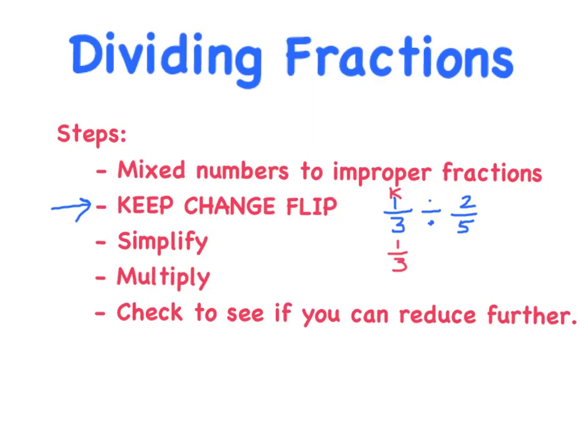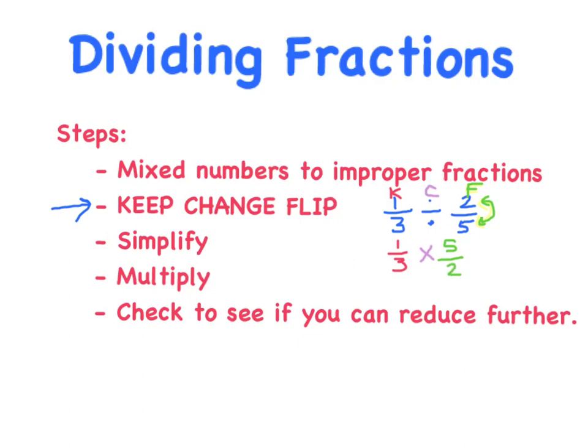We are going to change the division to multiplication, and then we are going to flip the next fraction. Let me choose a darker color here. I'll choose green instead. So we're going to flip this fraction to get 5/2.